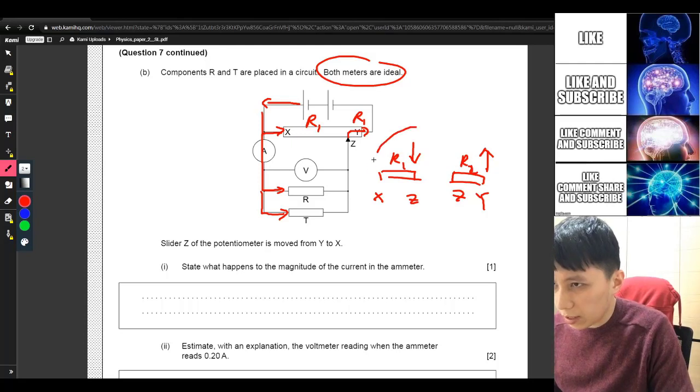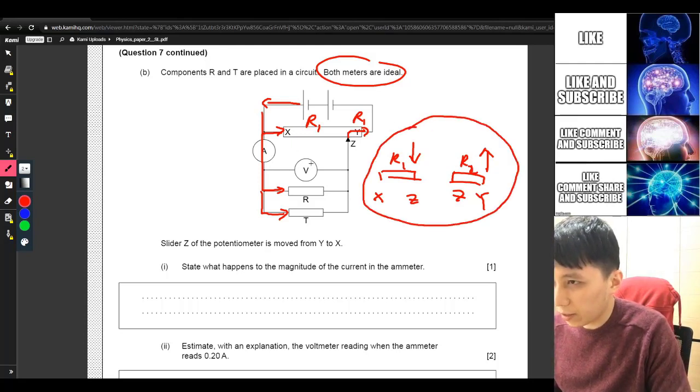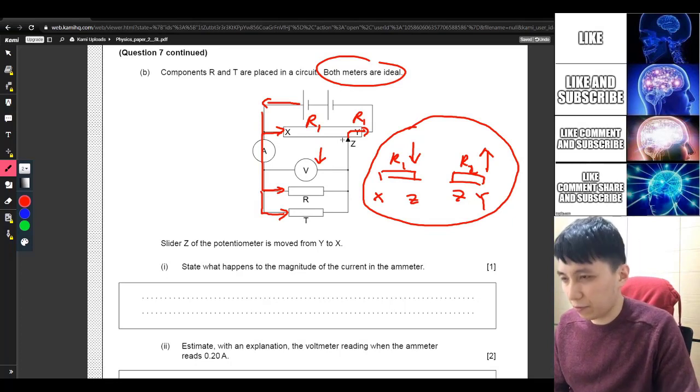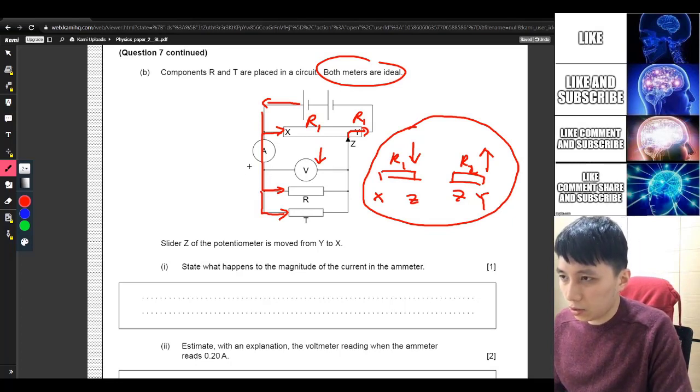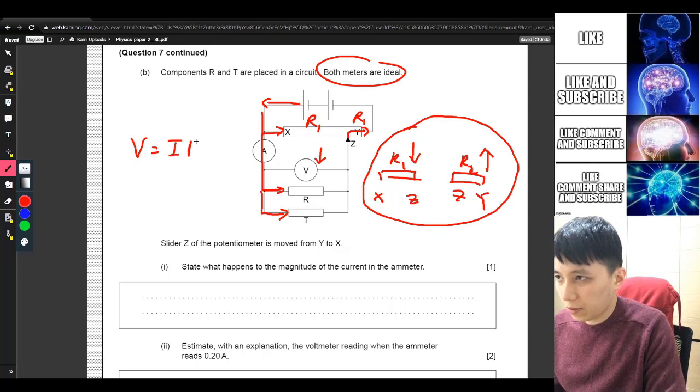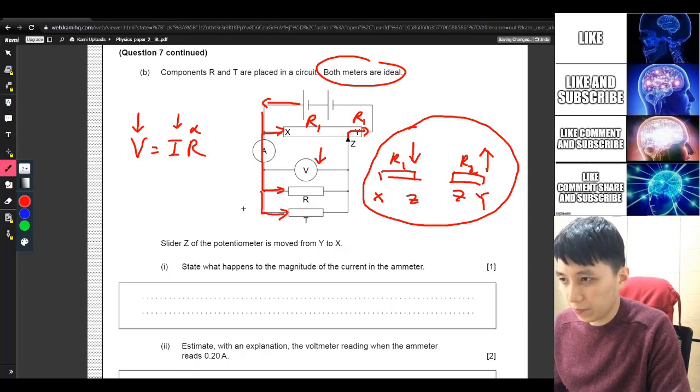So since we have this as a potential divider, then the voltage across this voltmeter should also decrease, because if you have less resistance, you take less voltage. And so if that's what happened, R doesn't change, V decreases, then I will also decrease. So in total, I believe current would decrease.